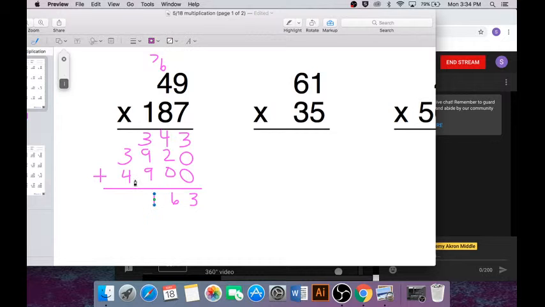So we're going to put down our 1 and we're going to carry our 2. 4 plus 3 is 7, plus 2 is 9. So our answer is 9,163.